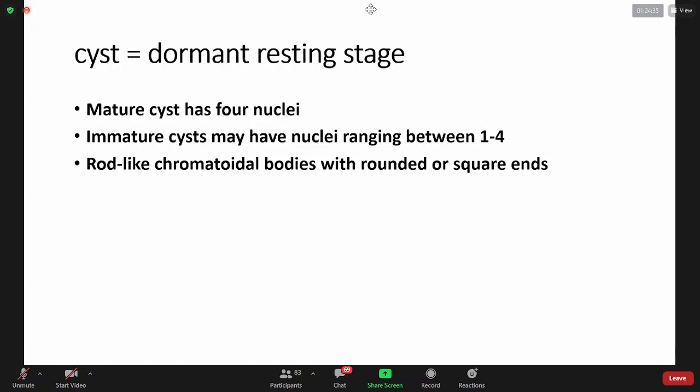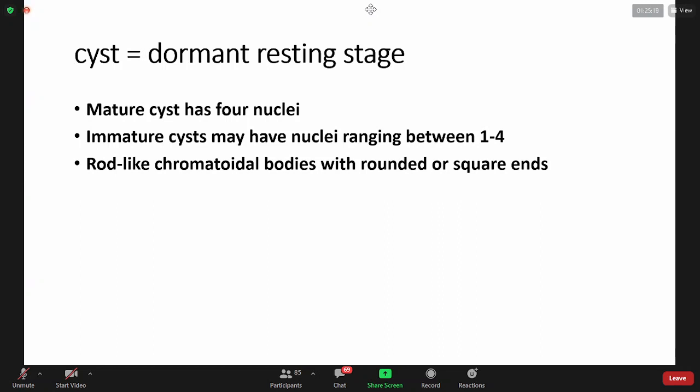The other stage is known as a cyst, and this is a dormant or resting stage. The mature cyst usually has 4 nuclei, but the immature cyst may have nuclei ranging between 1 to 4. Then there are cylindrical bodies known as chromatoidal bodies, and they have rounded or square ends.